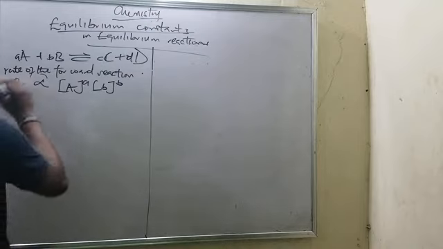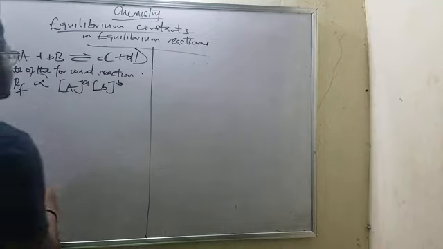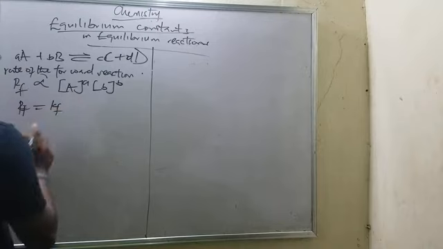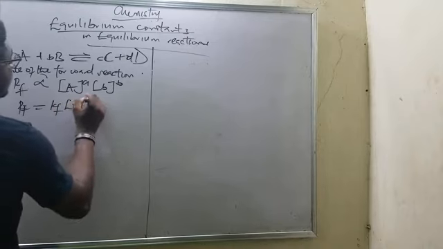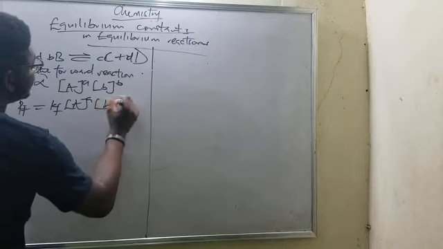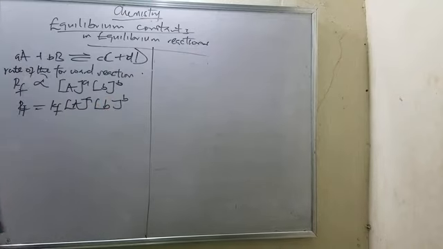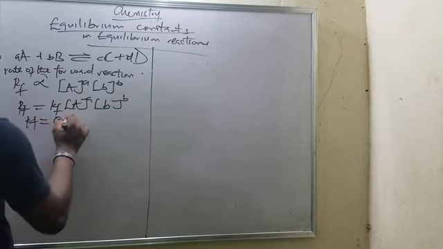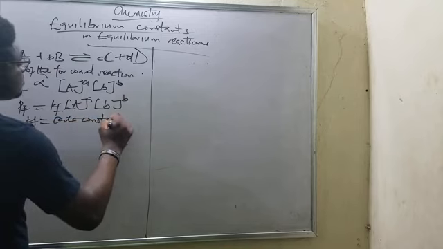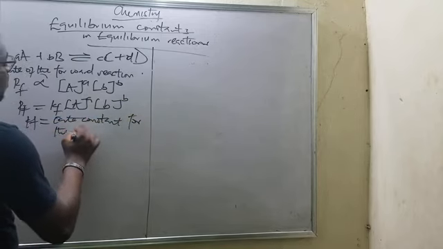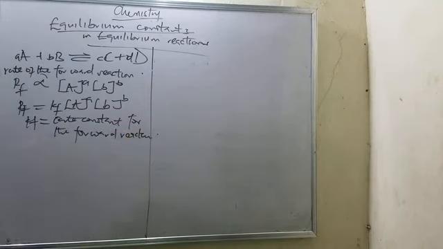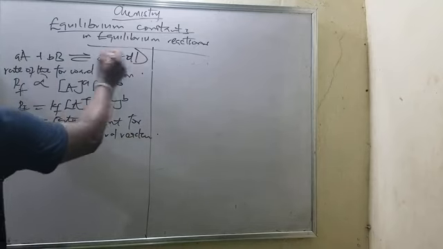This is the rate of the forward reaction for this species. If we remove the proportionality sign, that means we are introducing a constant, so the rate of the forward reaction Rf is equal to the rate constant of the forward reaction times the concentrations. Please take note that concentration is written in square brackets. Where Kf is the rate constant for the forward reaction.